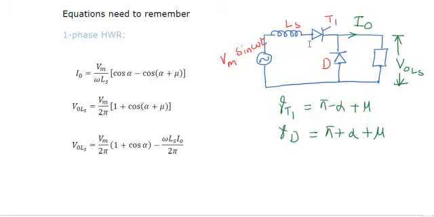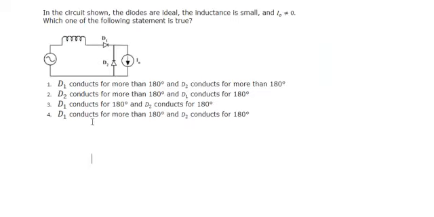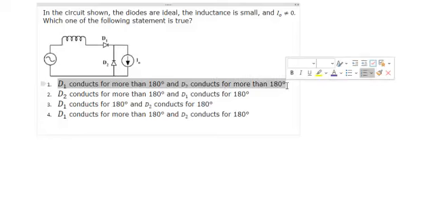So that means if this is also replaced with a diode, then you will see that these formulas will be applicable to the diode rectifiers by making alpha 0. If I am making alpha 0, you can see that the conduction angle of diode D1 and diode D2 becomes pi plus mu, pi plus mu. That means if you look at this option, both the diodes will conduct for more than 180 degrees. That means this option is the right one.